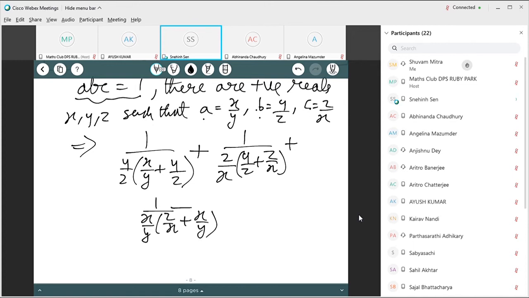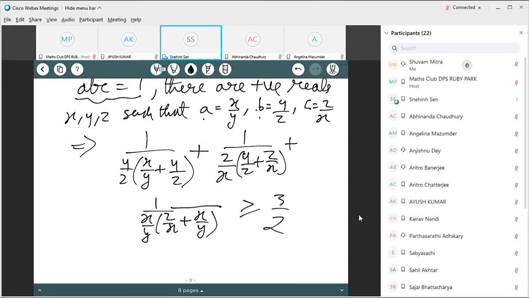We need to prove that this is greater than or equal to 3 by 2. So we did not lose any information, but still we got a better form over here.